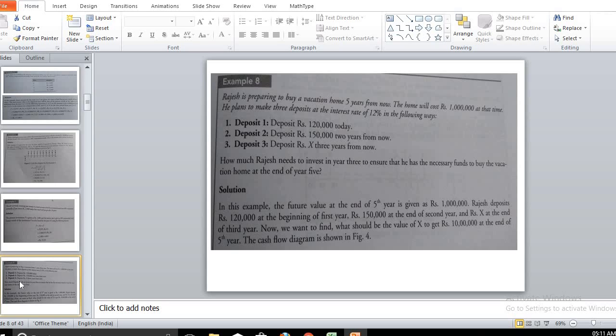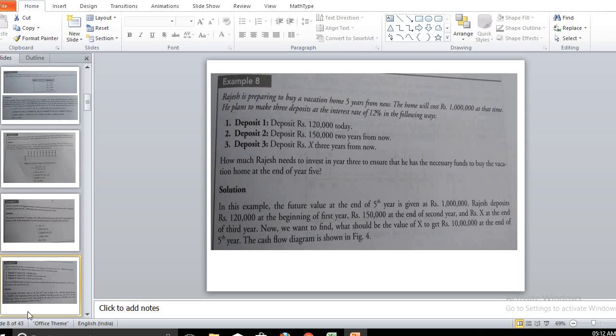This is also future worth analysis. How much should Rajesh invest in year three to ensure he has the necessary funds to buy the home at the end of year 5?